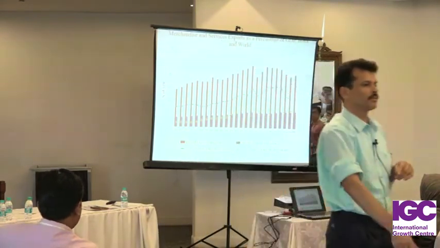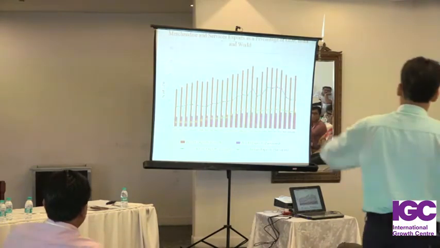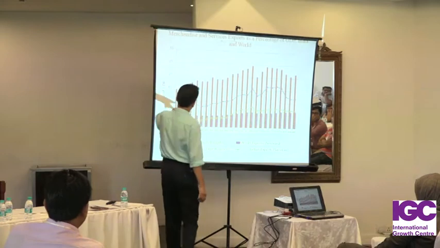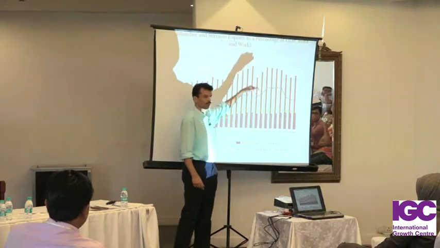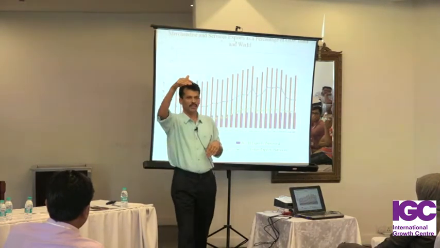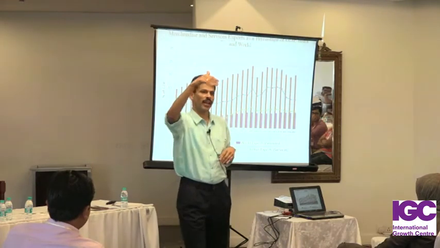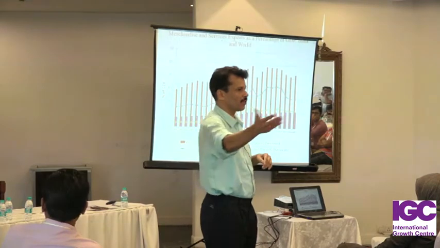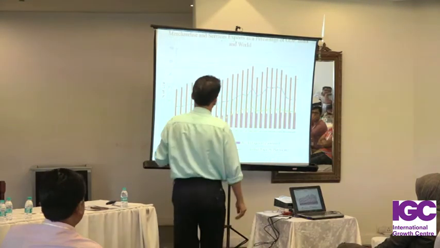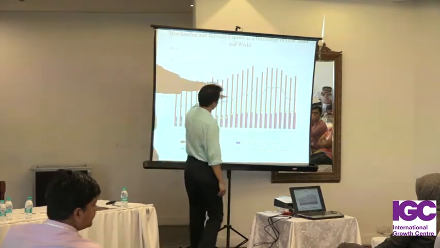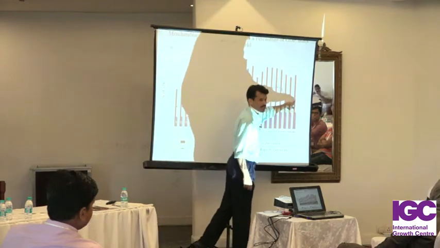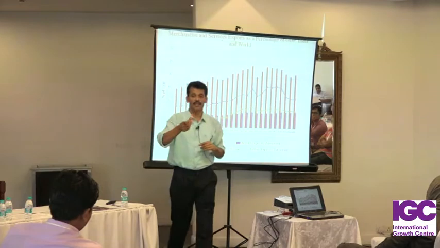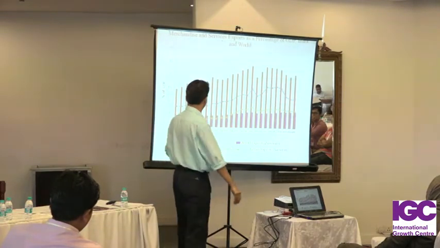That is the red bar. And as a percentage of Indian GDP, what is the export? That is this one. Which means that Indian export can go further as a percentage of GDP, if you take the world as an average. Even though it has increased, it has declined in more recent years. Indian export as a percent of Indian GDP has declined in more recent years.